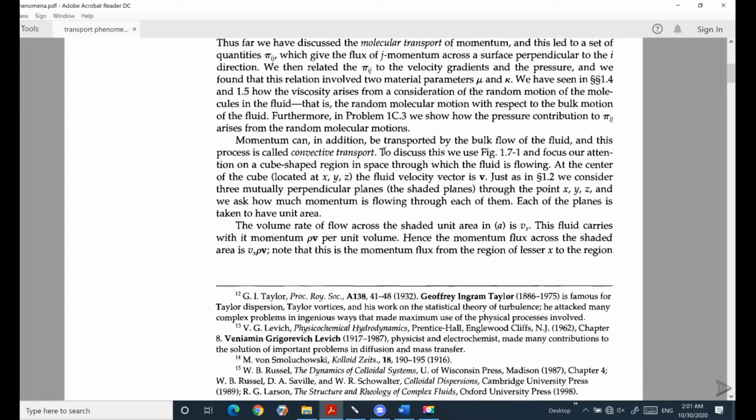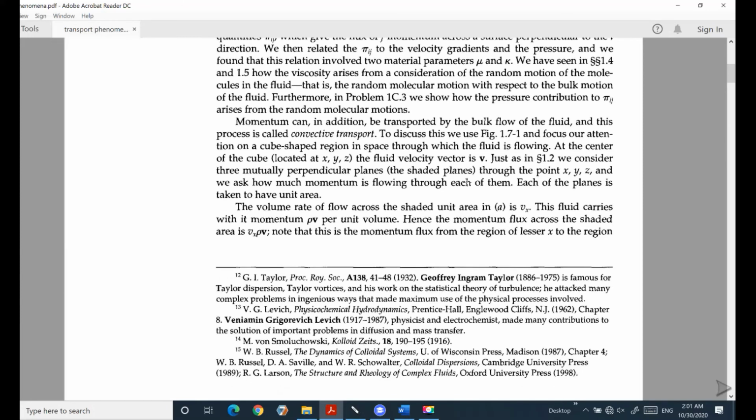Momentum can, in addition, be transported by the bulk flow of the fluid, and this process is called convective transport. If any transportation happens by the molecular, we call this molecular transport, but if it happens in the bulk flow of the fluid, we call this convective transport of momentum.